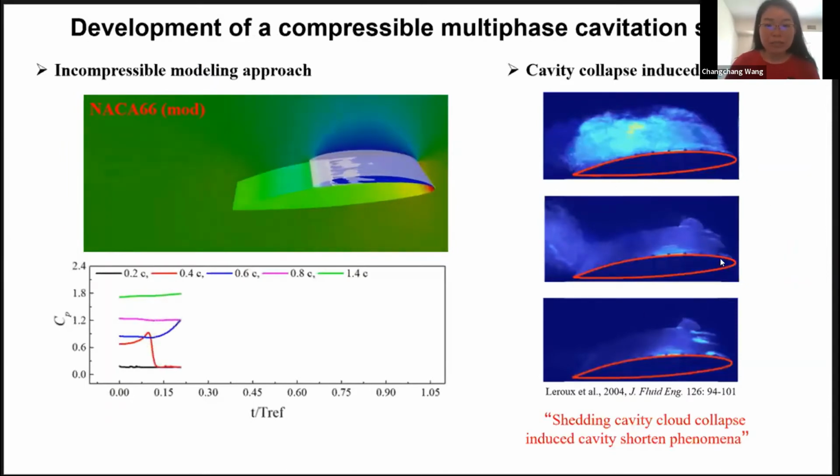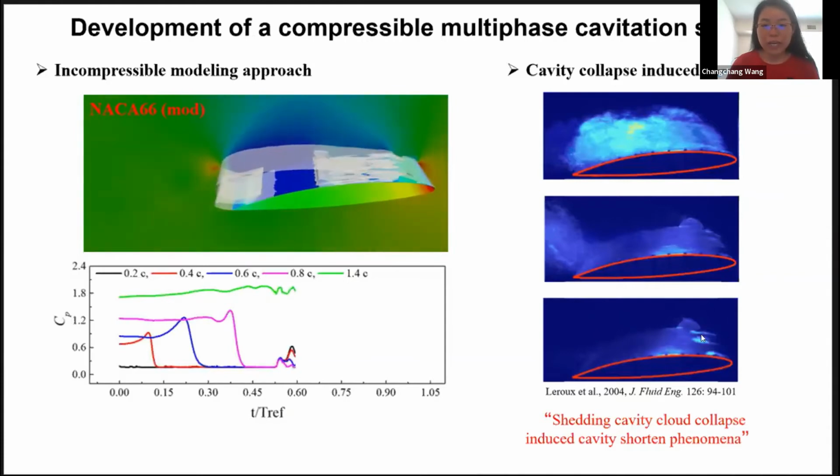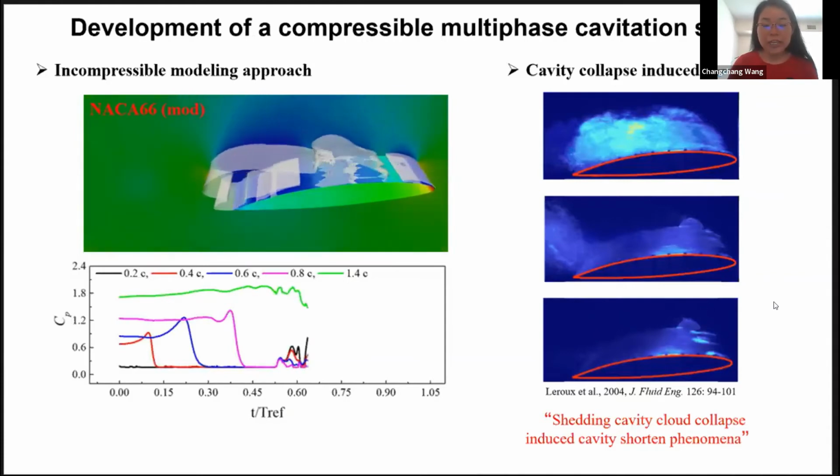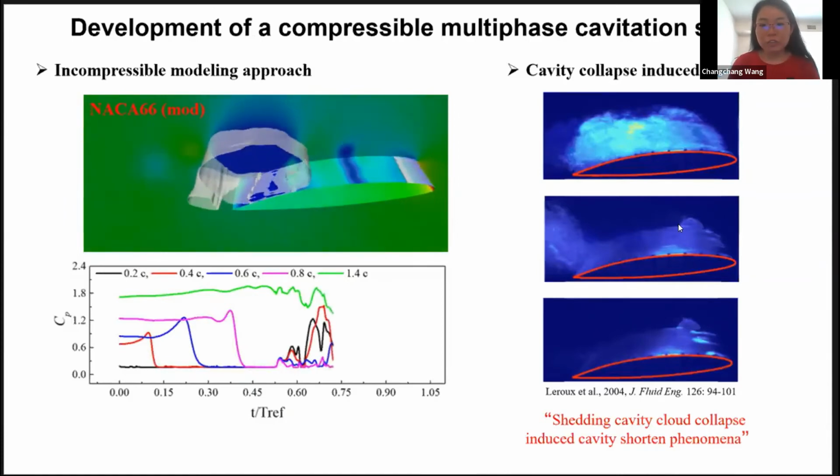This is the experiment's data, and from the experiment, we can observe a phenomenon that when the large-scale cavity cloud sheds downstream, the attached cavity begins to grow. However, after the large-scale cloud collapse, a sheet cavity shortening phenomenon is observed, and this shortening is supposed to be caused by the cavity cloud collapse-induced shockwave.